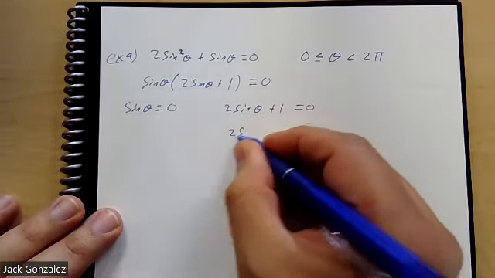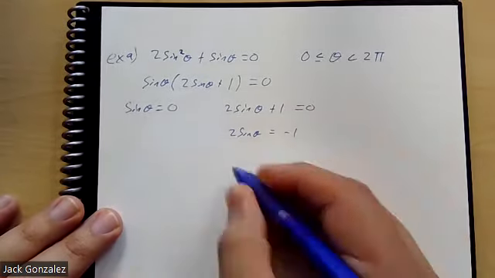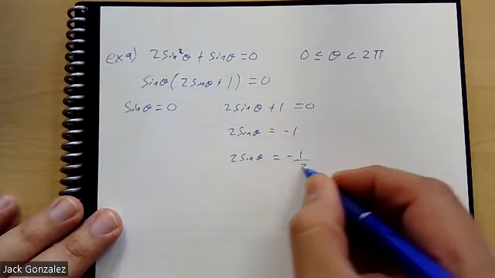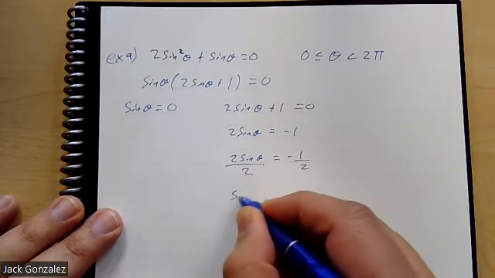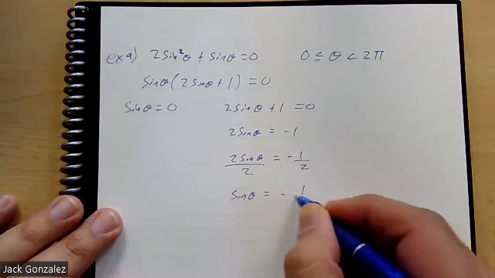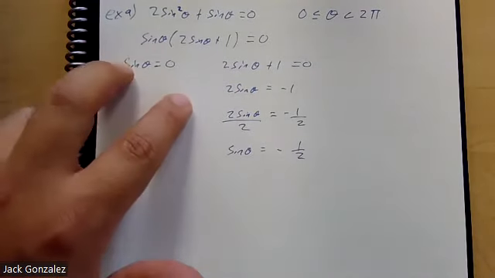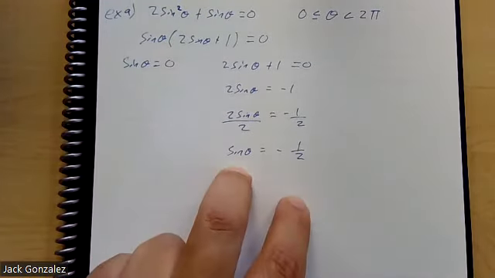Solve for sine by subtracting the 1, then divide by 2. So solve this one and solve this one.